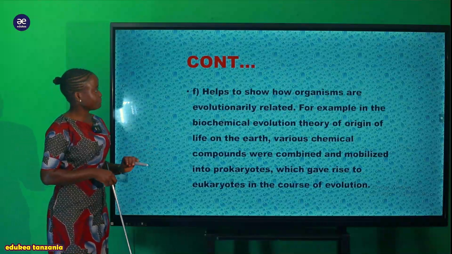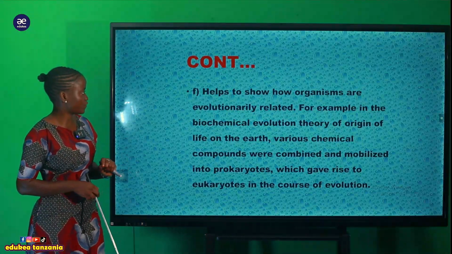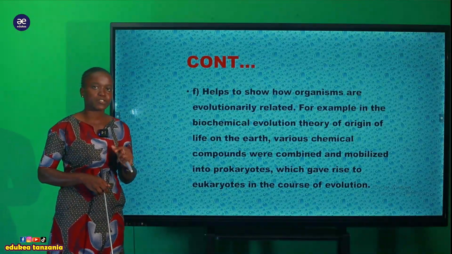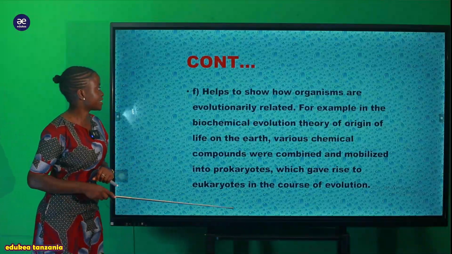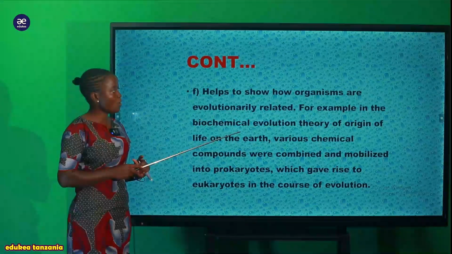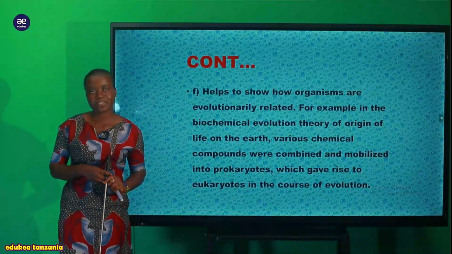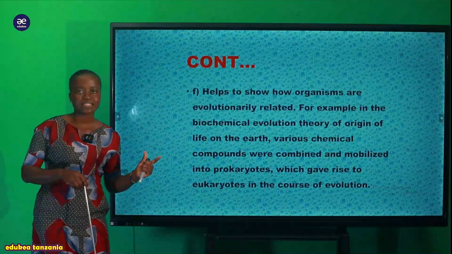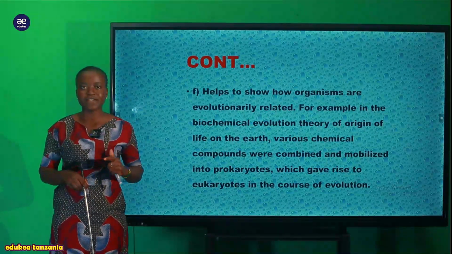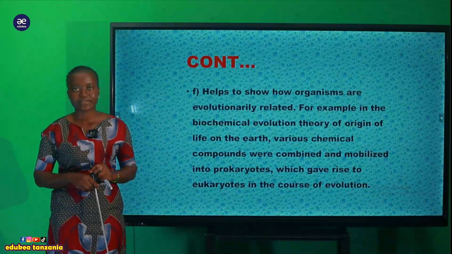But also here, another importance of studying this cytology, we can say that it helps to show how organisms are evolutionally related. Hapa sasa tutaenda kujua how does this living organism evolutionally related.